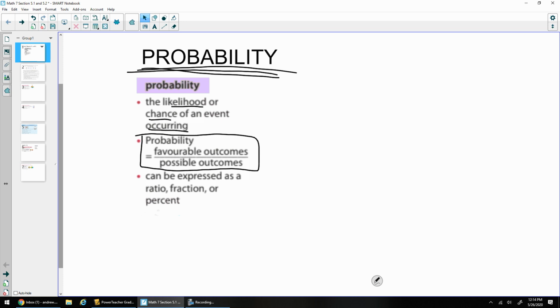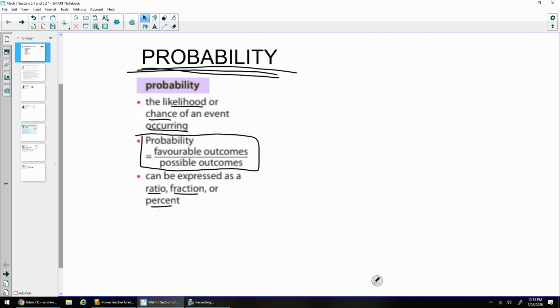The favorable outcomes, the outcome that you're looking for, divided by the total possible outcomes that could happen. These probabilities can be expressed as a ratio, as a fraction, or a percent. Remember that ratios, fractions, percents, and decimals are all just different ways of showing the same number.